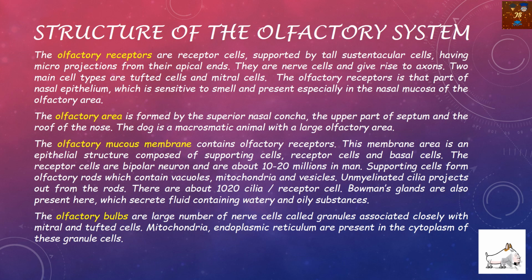There are about 10 to 20 cilia per receptor cell. The olfactory bulbs have a large number of nerve cells called granule cells associated closely with mitral and tuft cells. These are the two very vital cells of the olfactory system, the mitral and the tuft cells. Then mitochondria, endoplasmic reticulum, etc. are present over here.